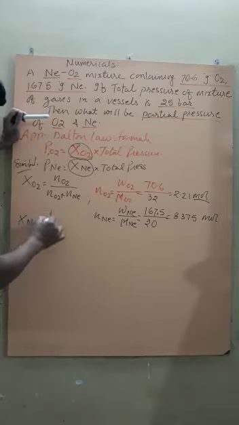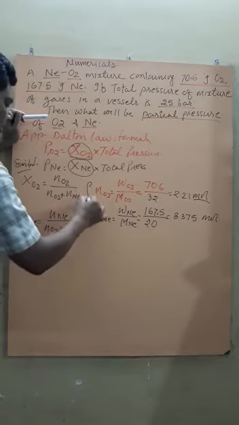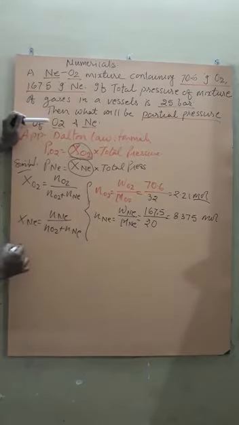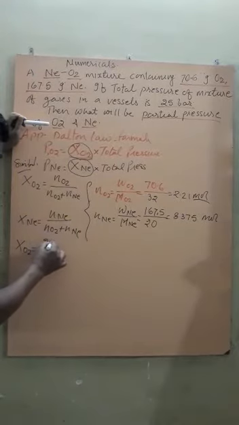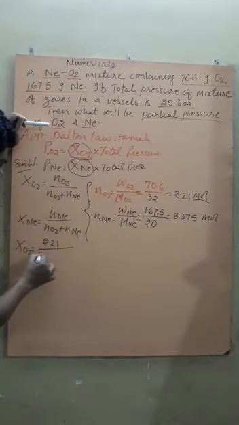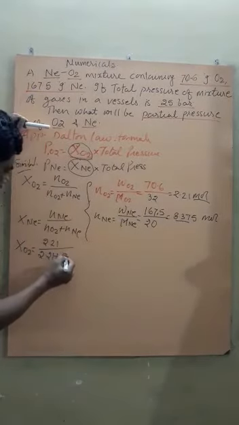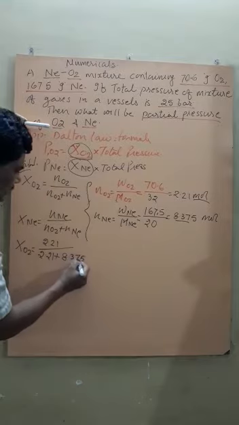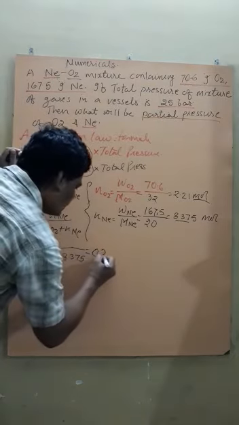Getting? So XNe is equal to NNe divided by NO2 plus NNe. Now start placing values. First in XO2: NO2 is 2.21 mole, divided by 2.21 plus 8.375. When you solve it, you will get the answer 0.21.